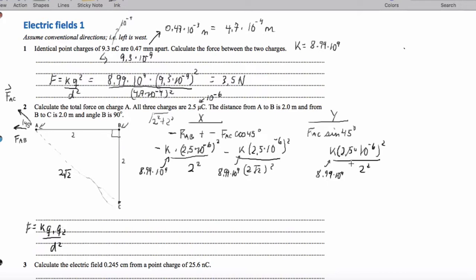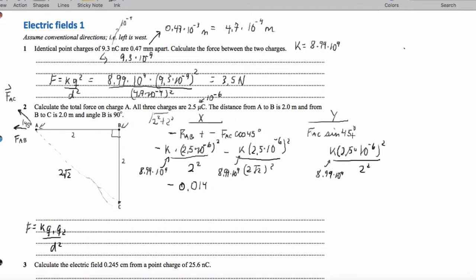So 8.99 times 10 to the 9th times 2.5 times 10 to the negative 6th quantity squared. And we'll divide that by 4. So that's going to give us here 0.014, and that's again negative.